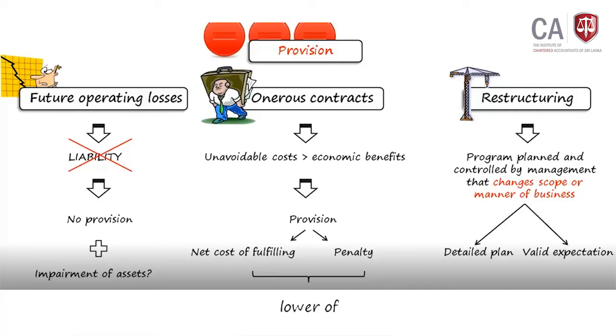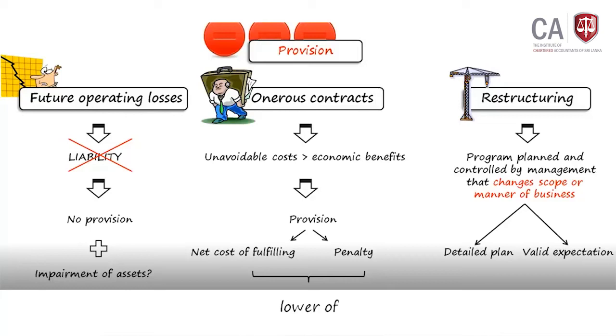There should be a plan, and that plan should be controlled by the entity, that changes the scope or manner of the business, which means there should be a detailed business plan to make a provision. For future restructuring, there should be a detailed business plan. You can say from 2021 onwards we are going to close down the India operation and we are going to establish that in Australia.